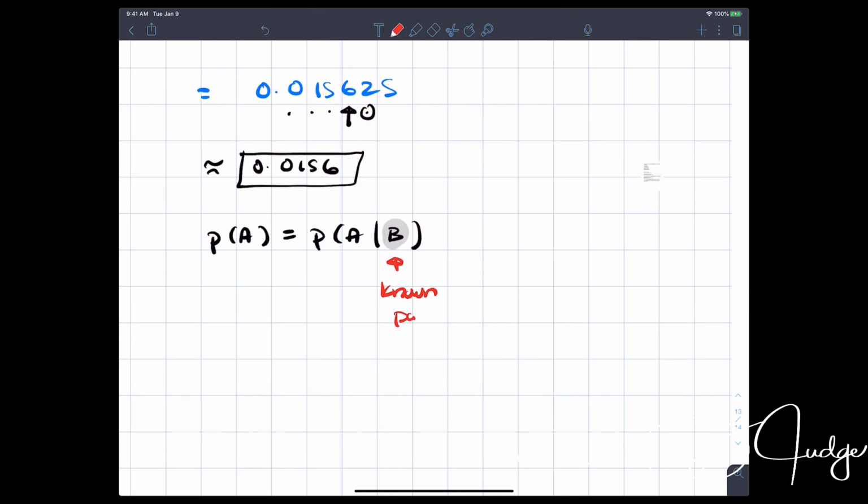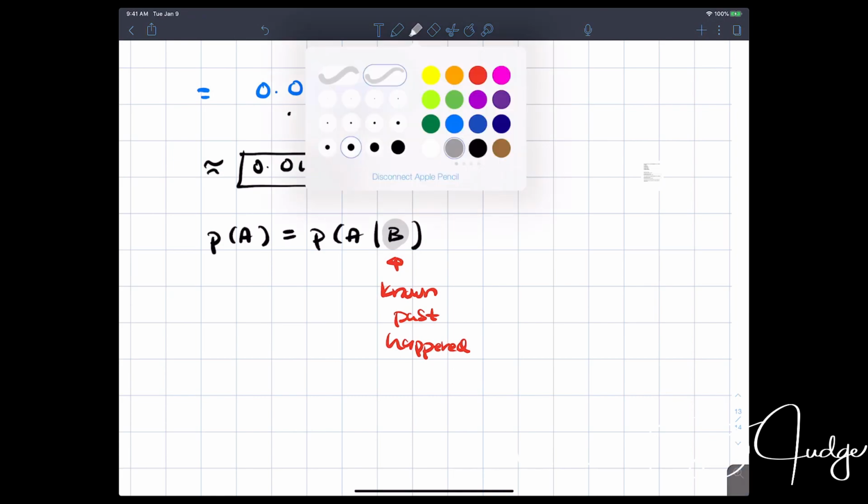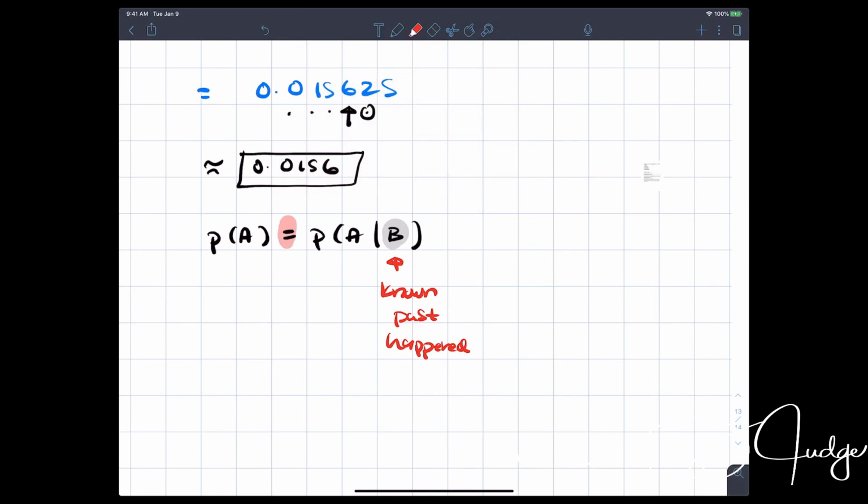This is in the past. This has happened. And when you have equality, and I'm going to paint this red here, this is very special. This means that A and B are independent of one another. It's a very important, powerful idea.